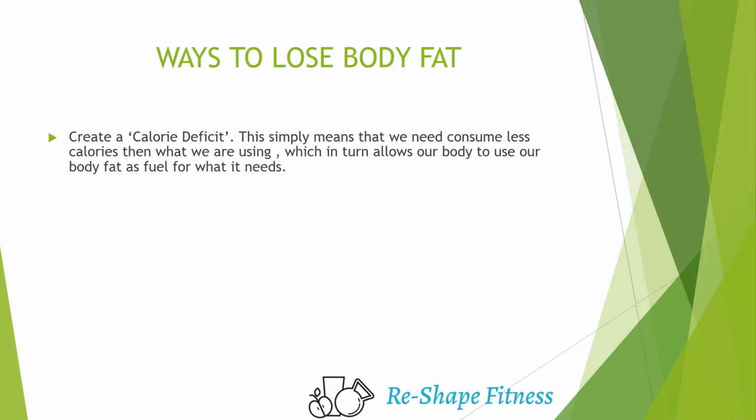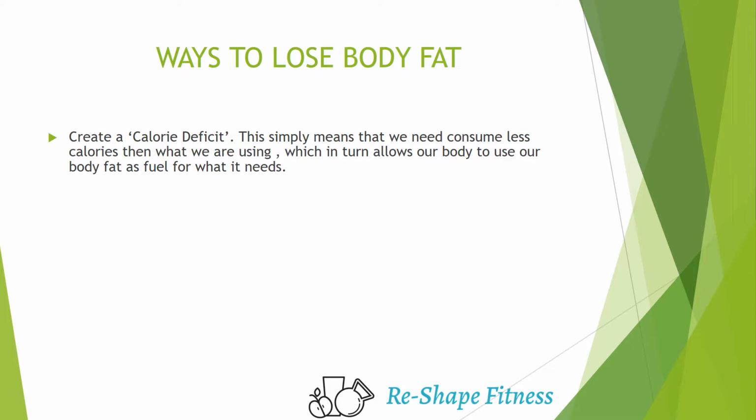We're going to look at ways of losing body fat. The first way is creating a calorie deficit. As it says on the presentation, it means that we need to consume fewer calories than what we're using. That in turn allows our body to use body fat as fuel for what it needs. We just want to create that negative energy balance, so that we're giving our body fewer calories than it needs to sustain life.